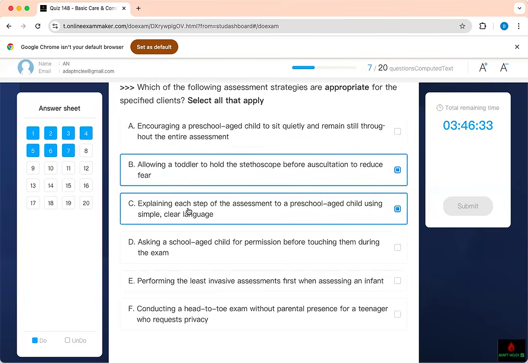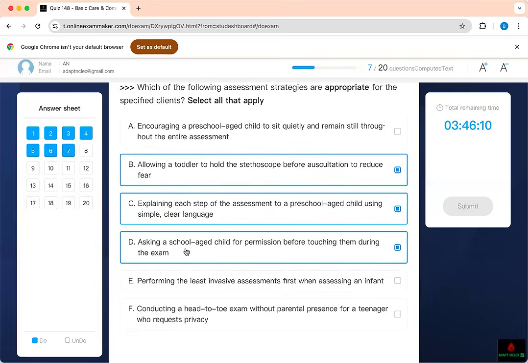Ask a school age child for permission before touching them during the exam. The school age people need privacy, so you need to provide that kind of privacy as much as possible. But I will show you something. There's a reason why I chose that, but it's not the right answer because you don't need a lot of permission.